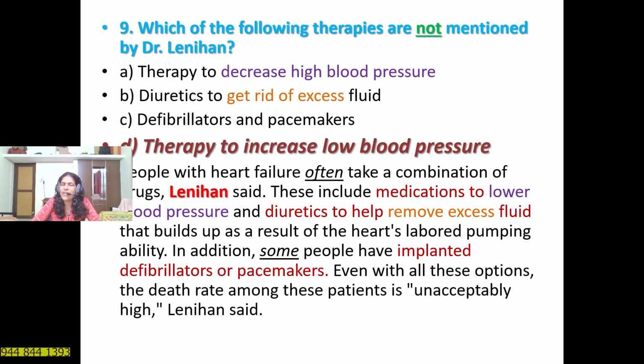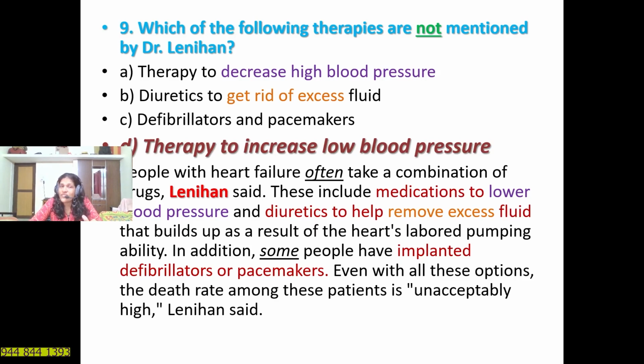It is very simple. So you need to understand synonymous language, synonyms, paraphrasing, and try to find out the keywords. The keyword here is not mentioned therapies. Okay? Therapies that are not mentioned is a keyword. So it is definitely clear. You can see decrease high blood pressure is a keyword.